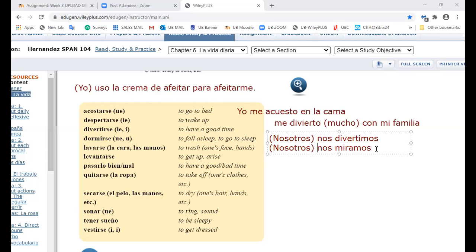But let's say nosotros nos divertimos, but not all of us are there, but they are doing it. They're having fun without us. So ellos se divierten. Nosotros nos divertimos y ellos se divierten.